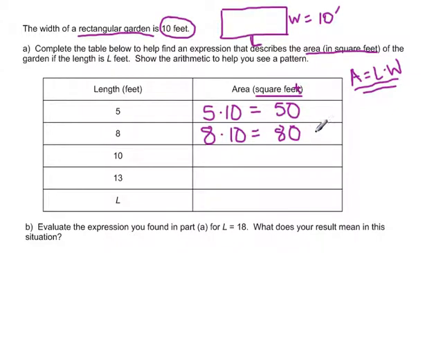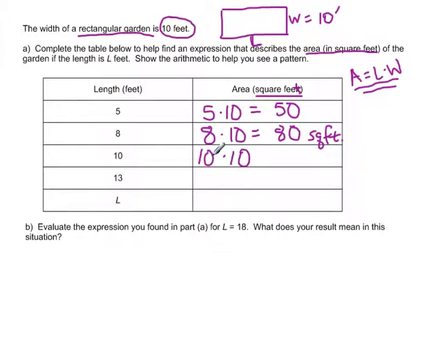So we don't have to necessarily write square feet down here, because that information is already listed at the top of our column. If the length is 10 feet, well, the length is 10 times the width, which would also be 10.